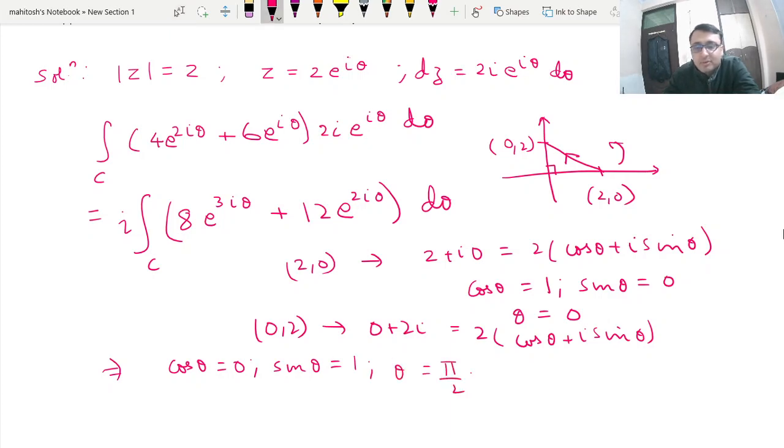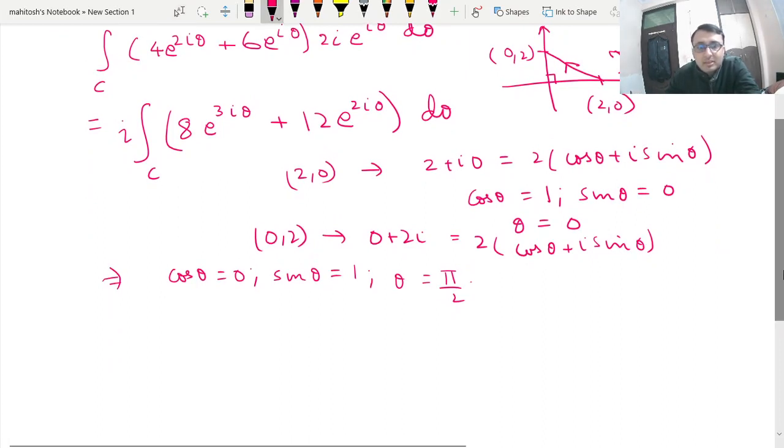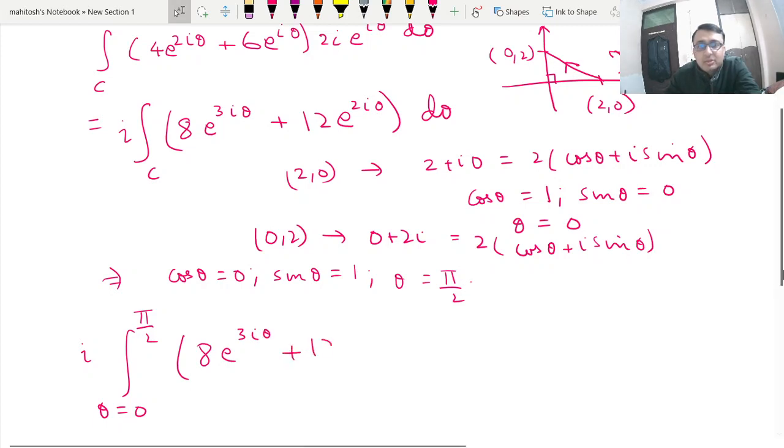It's apparent from the figure as well, and we have computed it separately. So I get this integral as i times, theta running from 0 to pi by 2, of 8 e to the power 3i theta plus 12 e to the power 2i theta d theta.